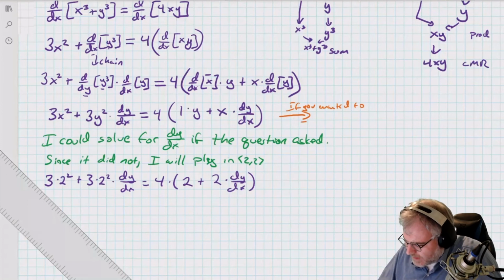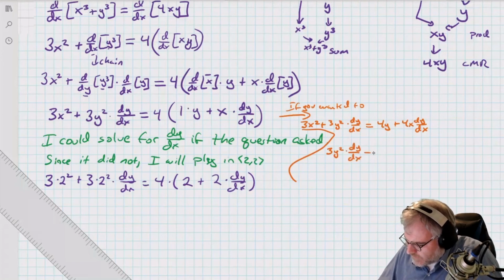I would have 3x squared plus 3y squared times dy over dx equals 4y plus 4x dy over dx. And the y moves over there, that term. Let's do this one here. So I'm going to move this term over here and this term over here, and I'm going to wind up with 3y squared times dy over dx minus 4x dy over dx.